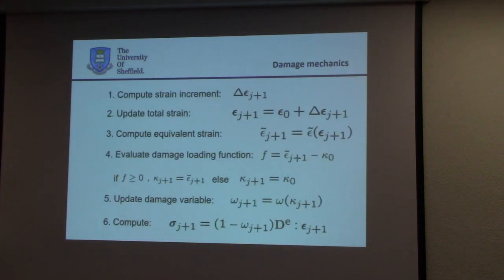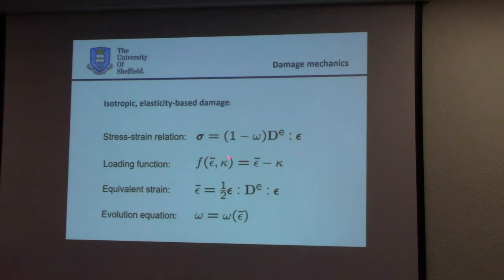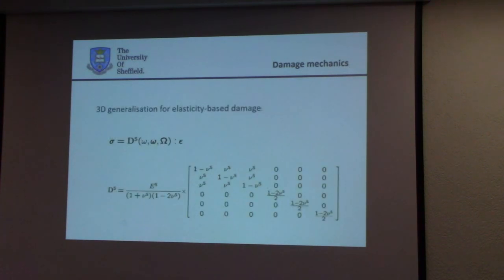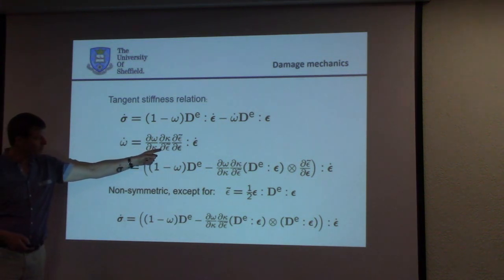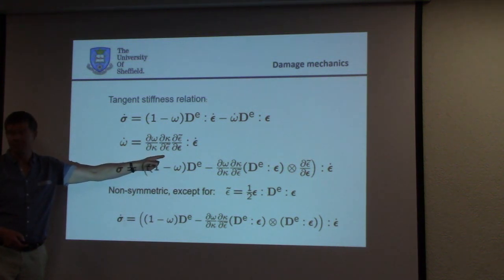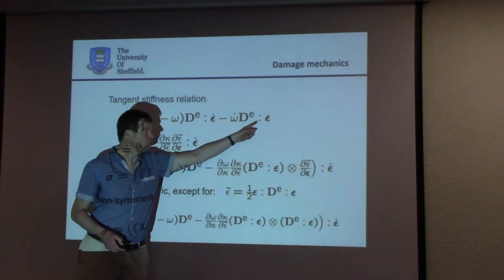If we have loading, this is 0, so this is equal to this, and therefore the derivatives are also. So d epsilon tilde, d kappa is therefore equal to 1. However, if we have unloading, then it's not defined, so the derivative becomes equal to 0. So, if we have loading, this is 1. If we have unloading, this becomes 0, and the whole term falls out.